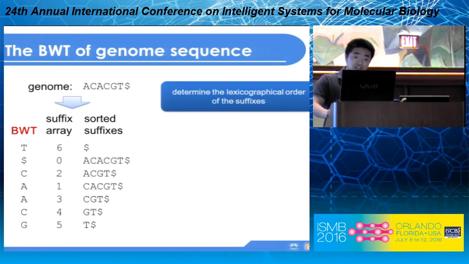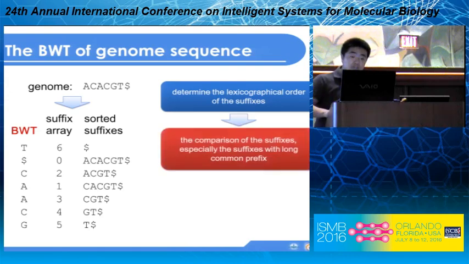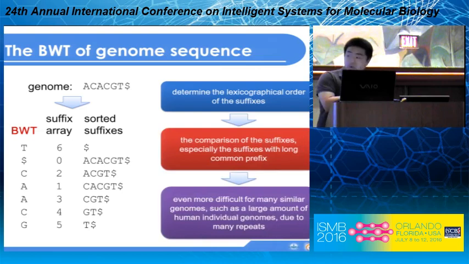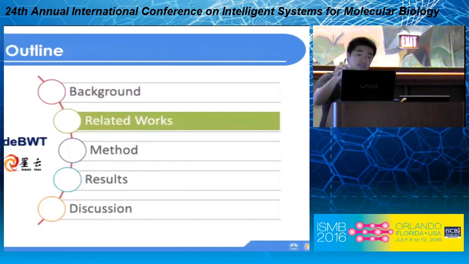This task is not easy, especially for those suffixes with long common prefixes. The task is even more difficult for many similar genomes, such as a large amount of human individual genomes, because there will be many repetitive sequences, so that a lot of suffixes would have long common prefixes.